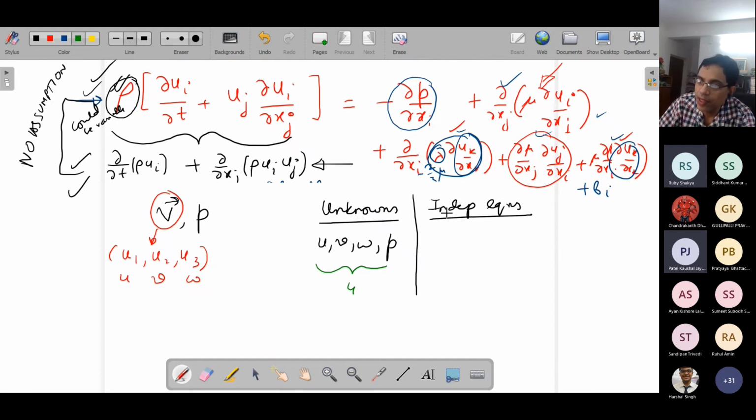So density can be an unknown. There is no guarantee that density is known. Why? Because say in a compressible flow, density will change. How density will change? It will change in a way that it is related to pressure and temperature. For example, if it's an ideal gas, you have P equal to rho RT.